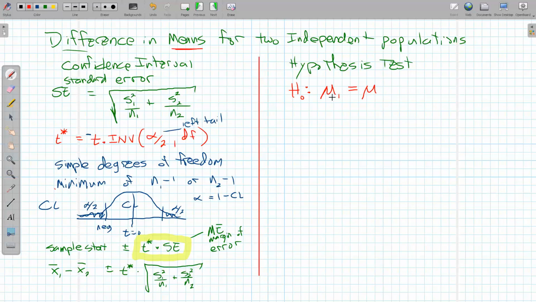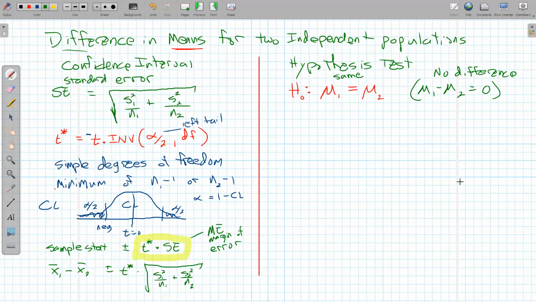So mu1, population mean, mu2, second population mean, they're the same. Remember, the alternative version of that is if we subtract the mu2 over, mu1 minus mu2 equals 0, right? There's no difference is what we're saying, right? They're the same. Same, no difference.